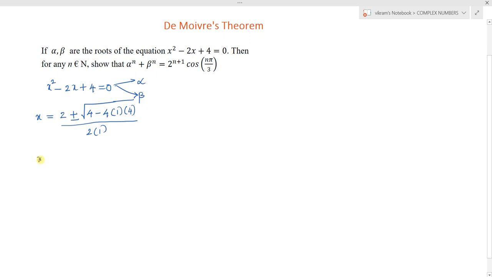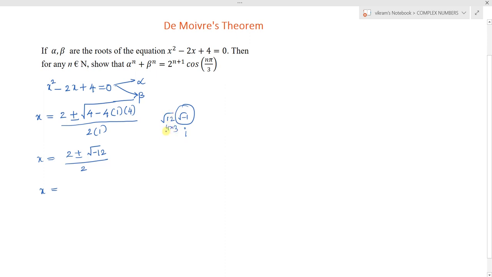Then we have 2 plus or minus square root 4 minus 16. Okay, 4 minus 16 means minus 12, so square root minus 12 by 2. Square root minus 12 can be written as root 12 into root minus 1, and root minus 1 can be written as i, and root 12 can be written as root of 4 into 3.